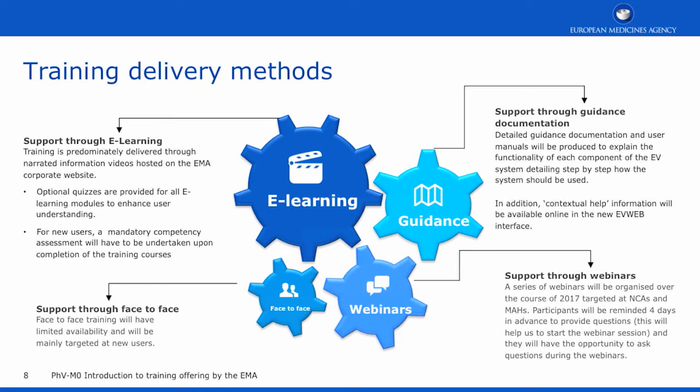Most of the main modules will also contain a short quiz which stakeholders can use in order to check their understanding of the key concepts. These can also be accessed by all users. And for new users only, a mandatory competency assessment will need to be undertaken upon completion of the training courses.